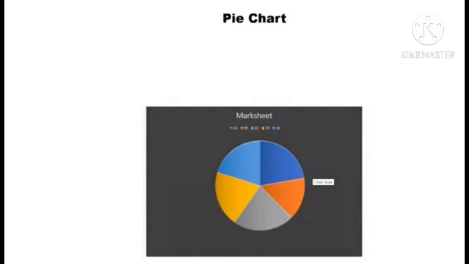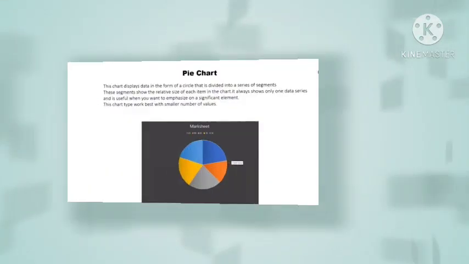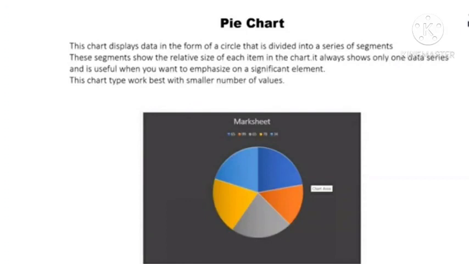We use this type of chart, children. See, it is a circular chart and it shows the data in the form of a pie, that is, it displays data in the form of a circle that is divided into series of segments. You can see different various colors, children. It shows the various segments.